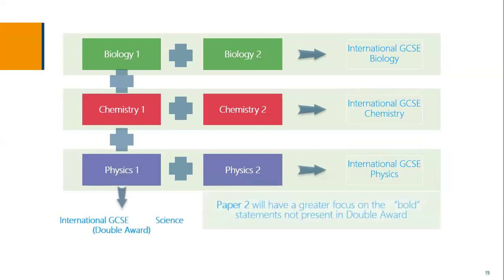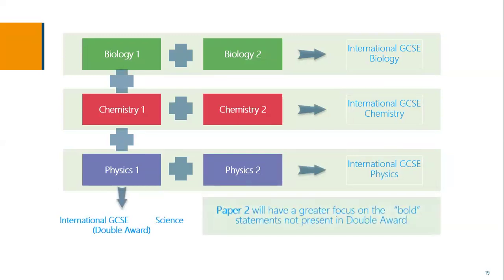Some of you may also be teaching the double award as opposed to separate sciences or specifically biology. Paper 1 is common to the double award or the separate international GCSE in each of the 3 sciences.